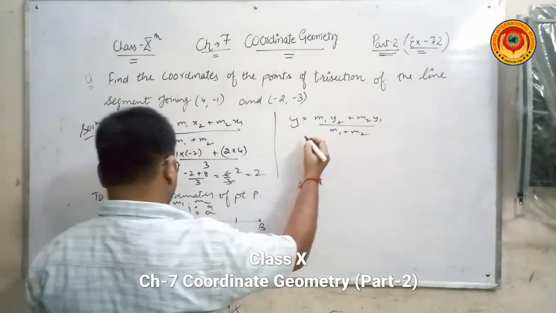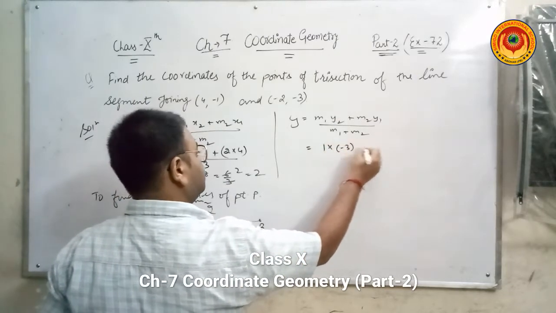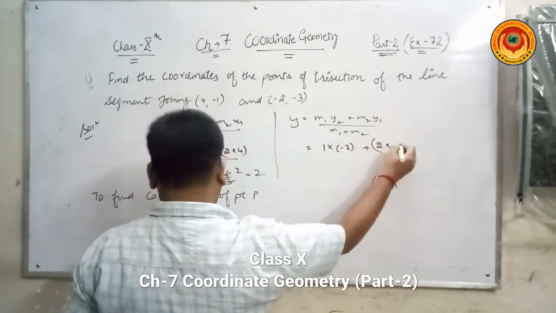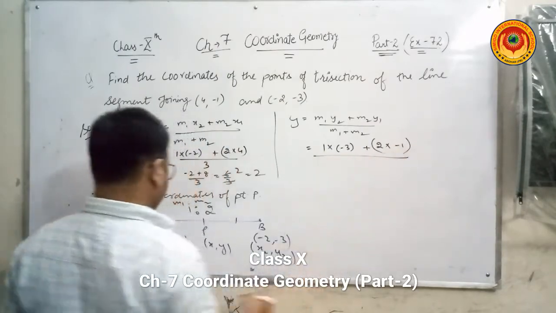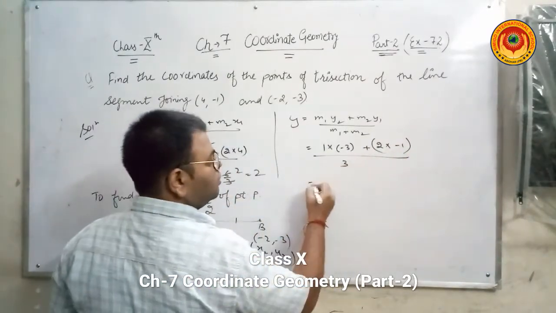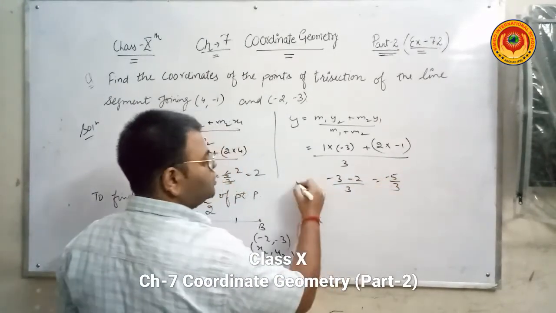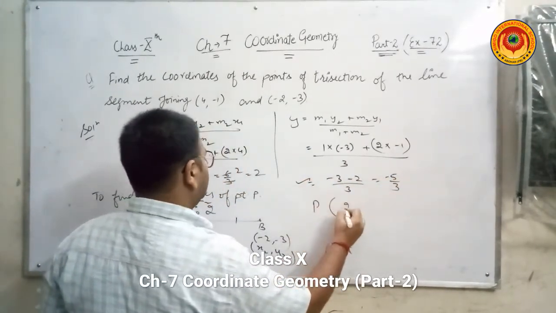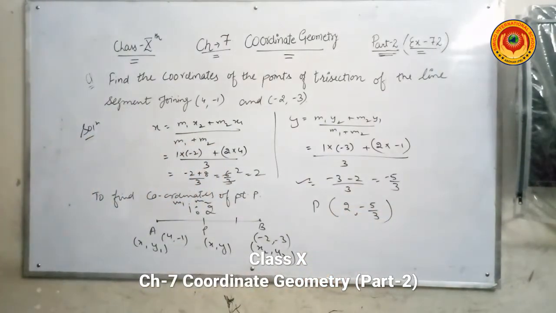Here y: M1 into y2 plus M2 into y1. y1 is -1, upon 1 plus 2, 3. -3 minus 2 upon 3, -5 by 3. This is your y. So what is your P? (2, -5 by 3). Is it clear? Is it your answer?